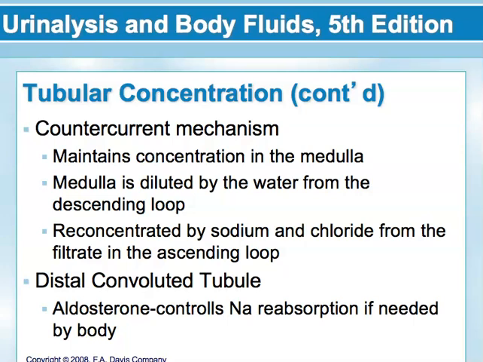Concentration of the filtrate leaving the ascending loop is low because sodium has been reabsorbed and not water, and reabsorption of sodium continues in the distal convoluted tubule and is now regulated by aldosterone, which is the hormone which regulates reabsorption in response to the body's need for sodium.